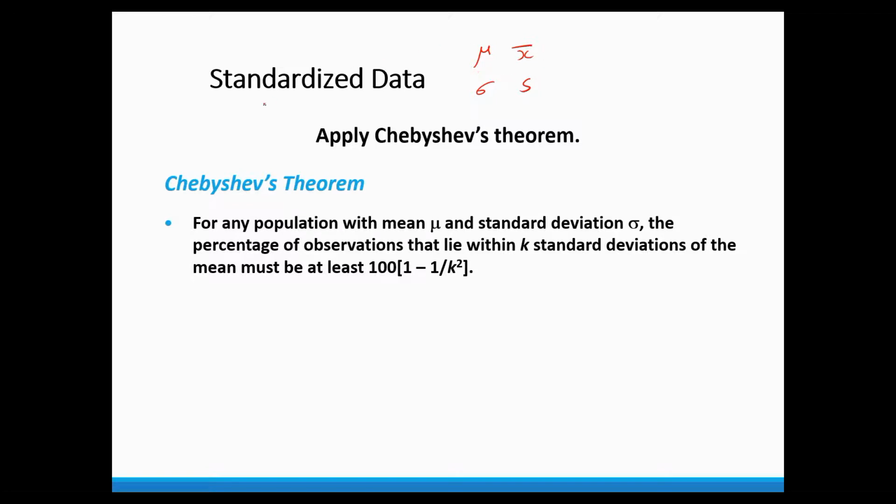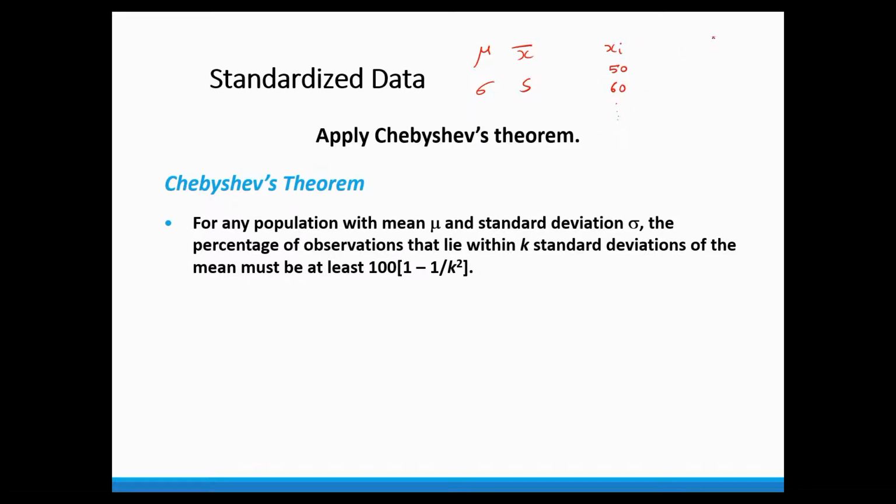We can standardize the data. If we have xi, it refers to the observations inside our data. So xi refers to the grade of the first student, and this is the grade of the second, and so on.